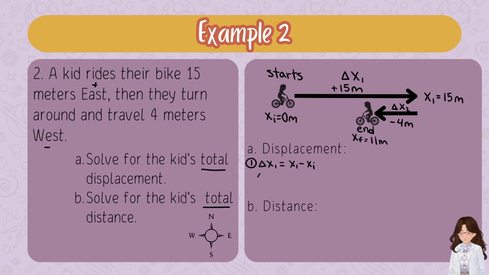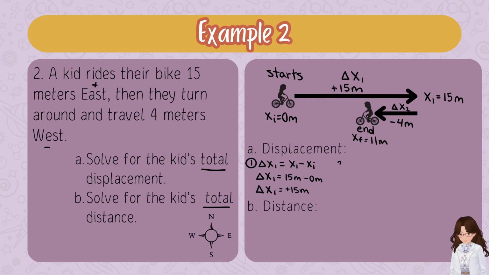Now, in this case here, we could go ahead and plug that in, where this would be positive 15 meters minus 0 meters, and our displacement for the first part of the student's journey, just like is implied, is positive 15 meters. Could you just see that in the problem?